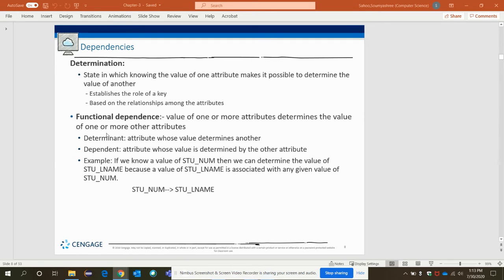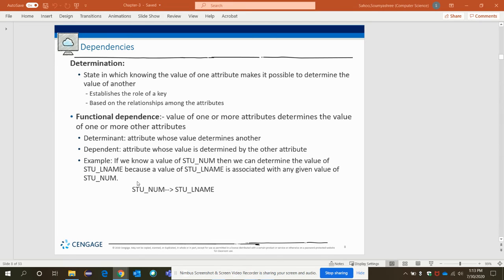So functional dependency is a concept where the value of one or more attributes determines the value of one or more other attributes. In this given functional dependency, stu num tends to, or determines, L name.